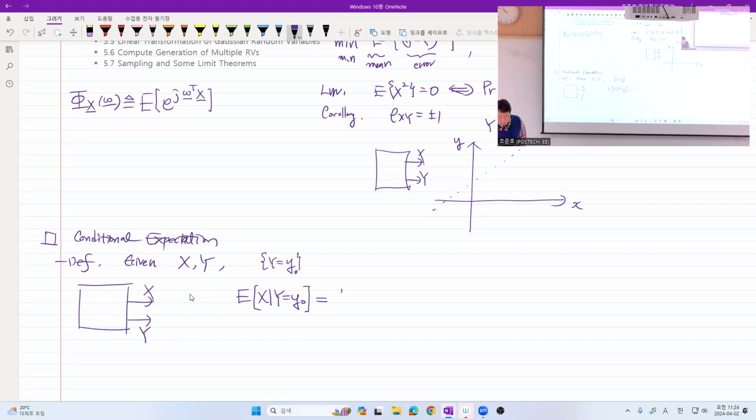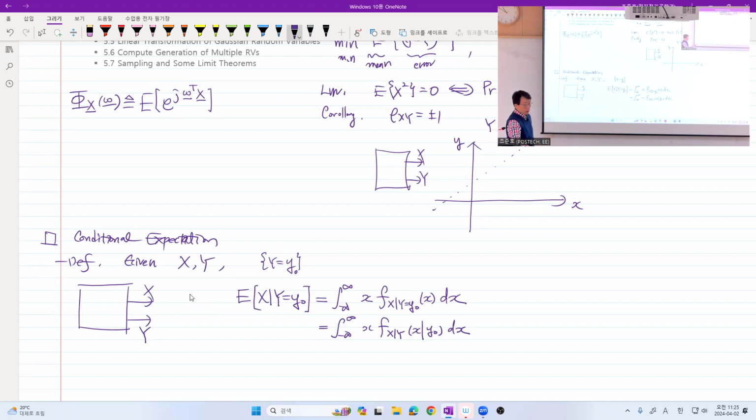For example, if we can find the conditional density, the PDF of x given the event, the point condition y equals y0, then this expectation is the integral of value times the PDF of x given the event y equals y0, right? But we already have introduced a new notation like this, right?